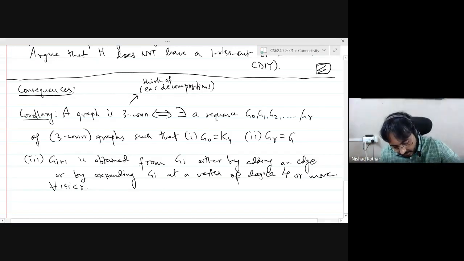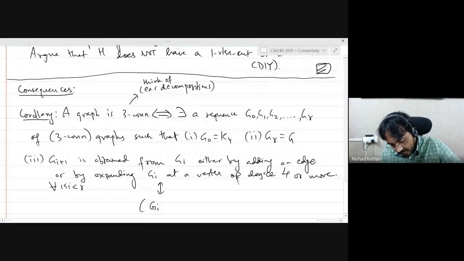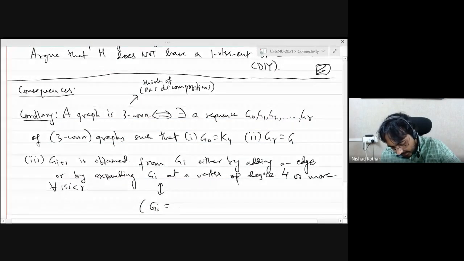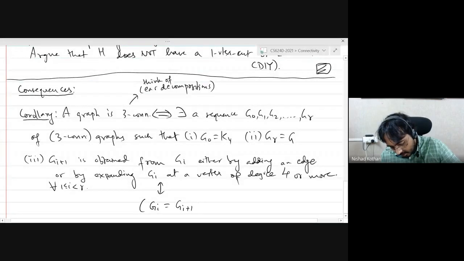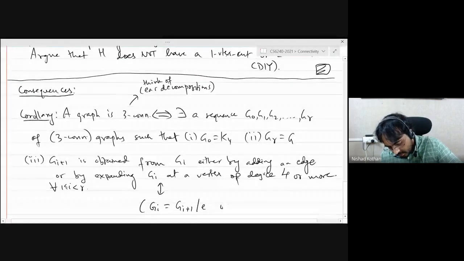Another way to think about the last part, if you want to go in the reverse direction, is that the previous graph is equal to the next graph and contract some edge or delete some edge.